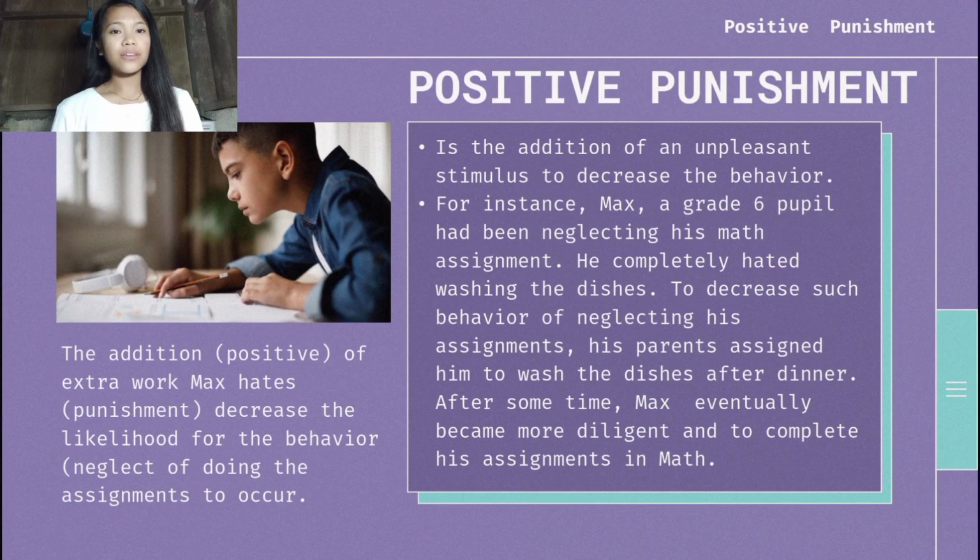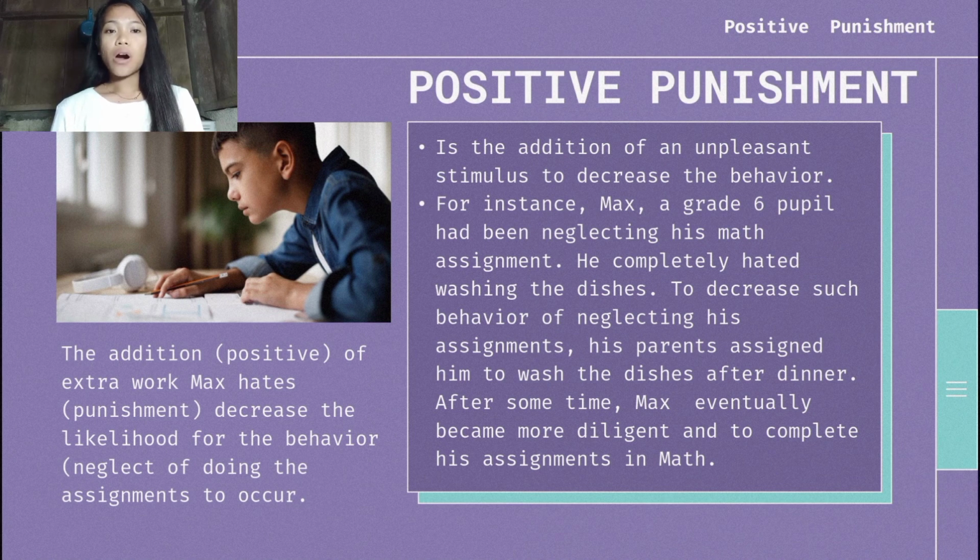So positive punishment is the addition of an unpleasant stimulus to decrease the behavior. For instance, Max, a grade 6 pupil, had been neglecting his math assignment, while he completely hated washing the dishes. So to decrease such behavior of neglecting his assignment, his parents assigned him to wash the dishes after dinner. After some time, Max eventually became more diligent about completing his assignments in math.